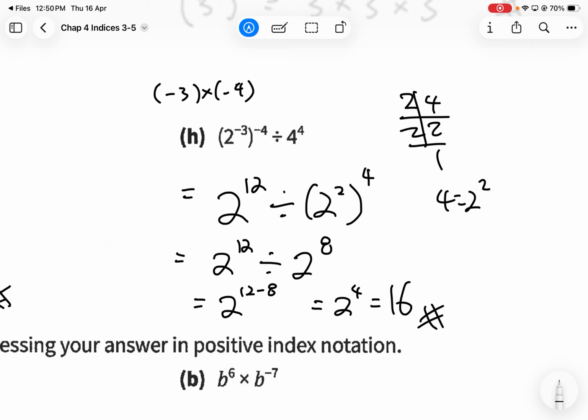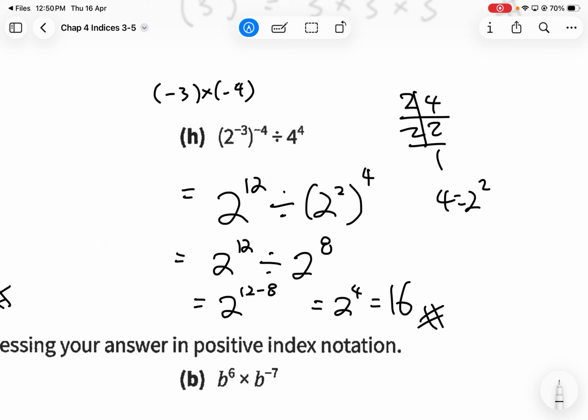For example, if all this is not negative number, 2 to the power of 2 to the power of 3, what this means is the bracket itself is multiplied by itself 3 times, correct? This is power 2 multiplied by itself. Then in the end, I will have 2 times 2 like that.